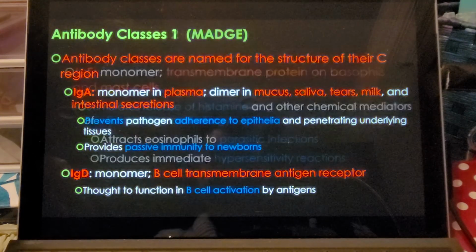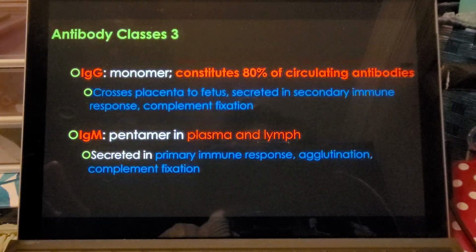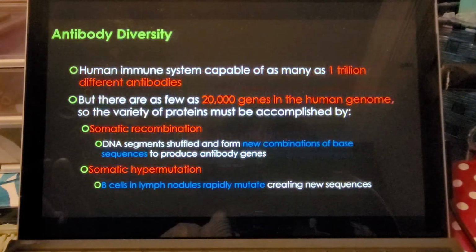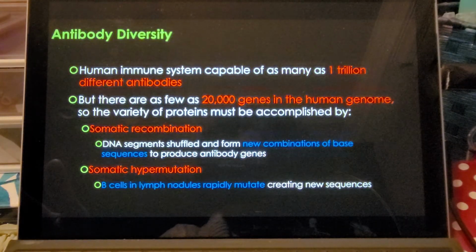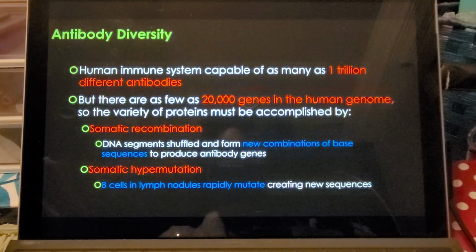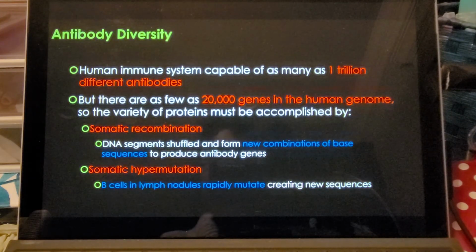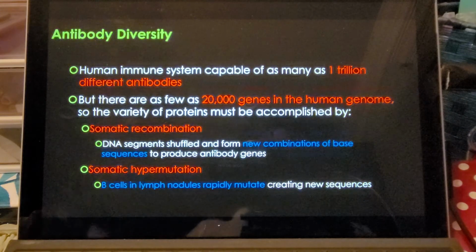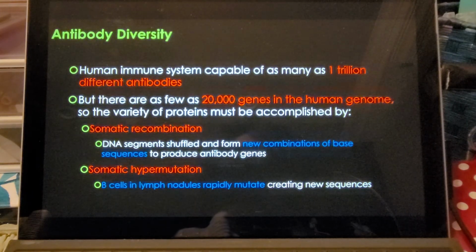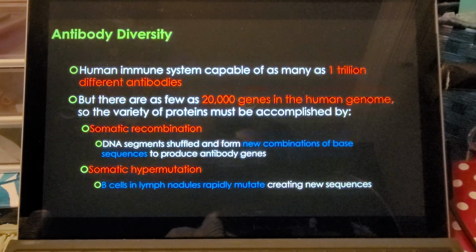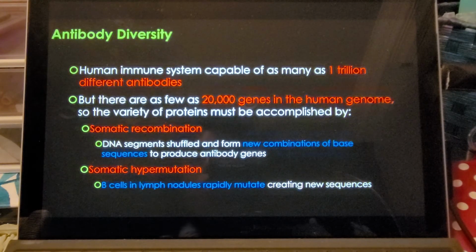That's why they're in different categories. But I'm not going to cover them because they're not on my test. It's all just genetic, a random creation of different regions shaped differently to bind to different pathogens.